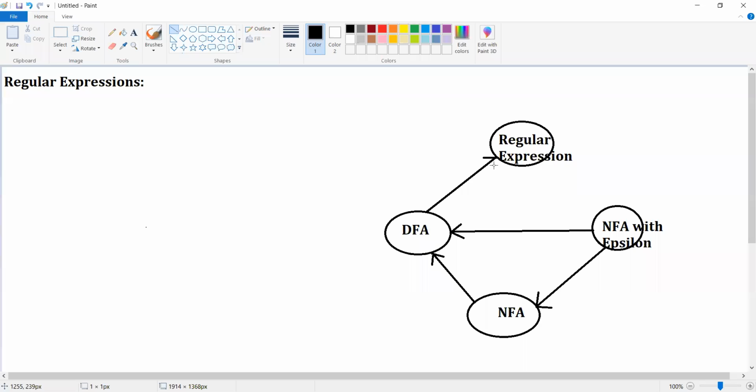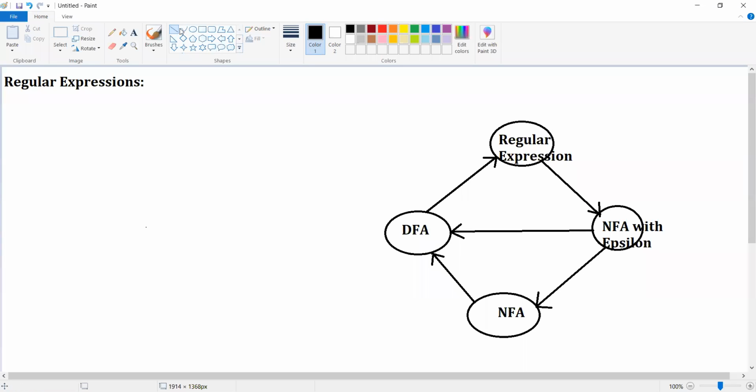If you have a DFA, then that DFA can be converted into the regular expression. Then if you have a regular expression, we can convert it into an equivalent NFA with epsilon transitions.